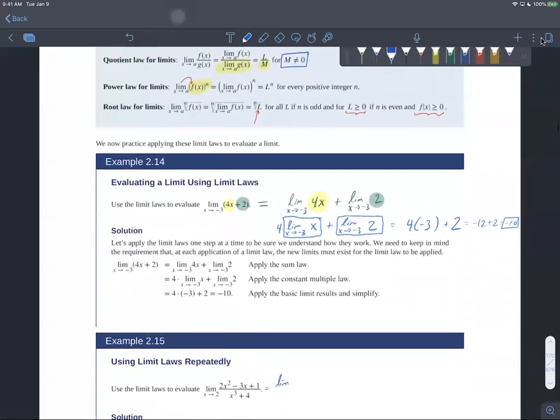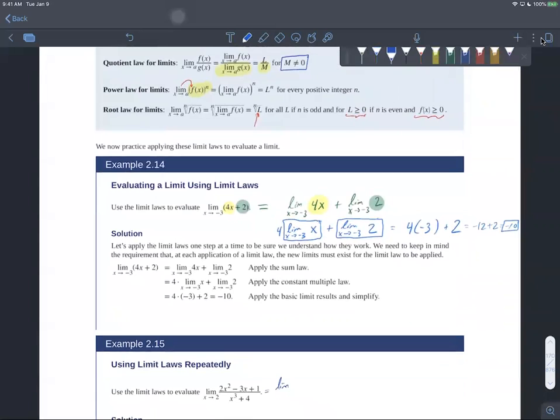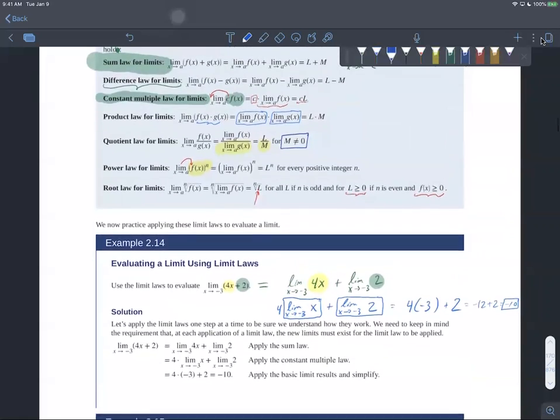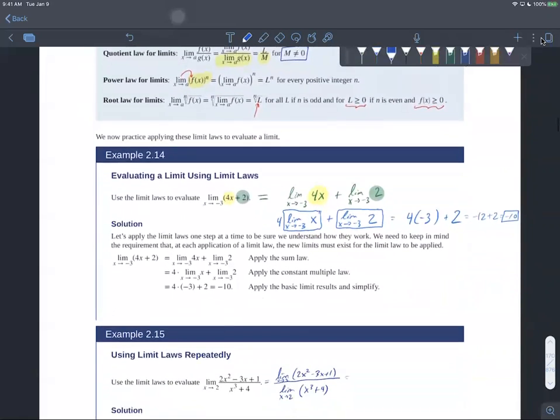If you see the quotient law up there, it says that you can take the limit of the top, 2x squared minus 3x plus 1, divided by the limit, and I should have put my little x approaches 2, the limit as x approaches 2, it is necessary to put that, of x cubed plus 4. So I applied the quotient law here: I applied the limit to the top and applied the limit to the bottom. And then we're going to use the sum law for limits and the difference law for limits.